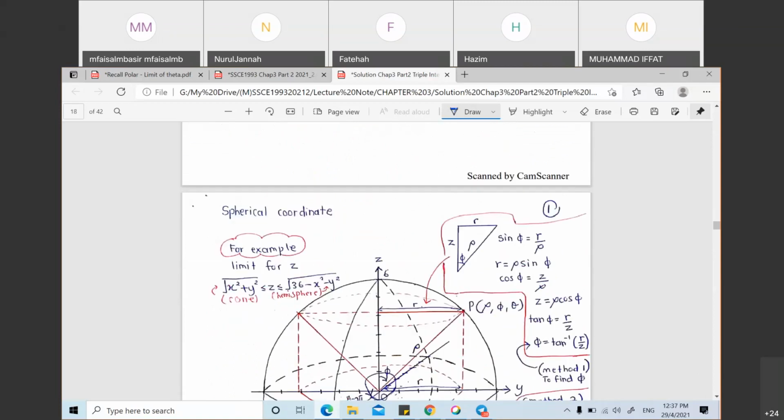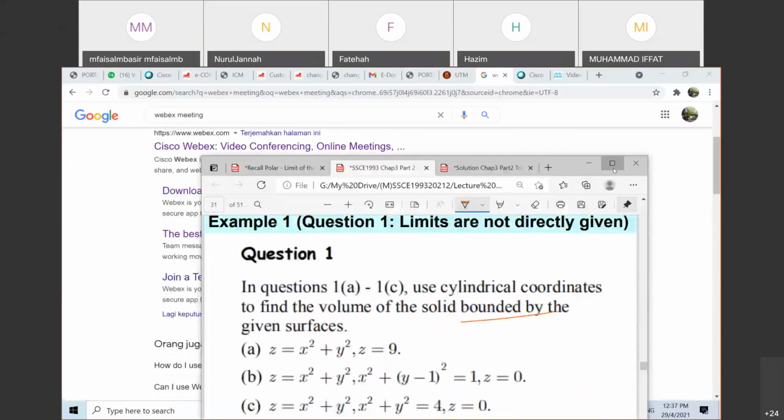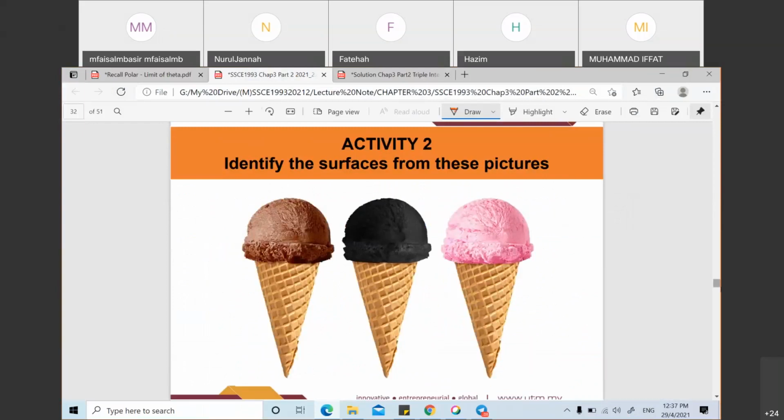Spherical will go next class. But for this case, what is the surface? I identify the surface from this picture. What is this actually? What is the shape? Ice cream. Can you guess? Parabola. Not exactly.